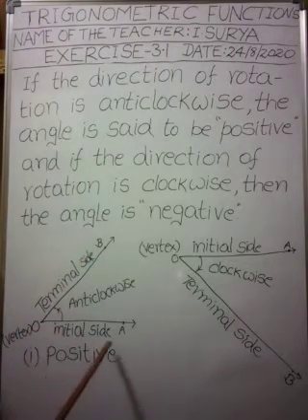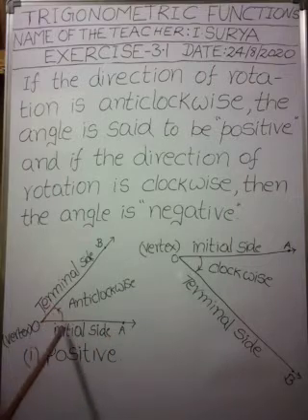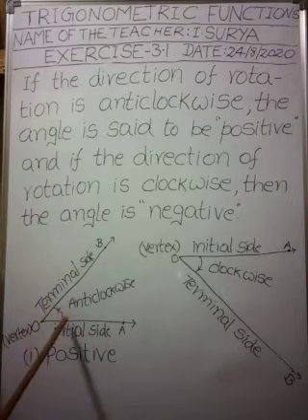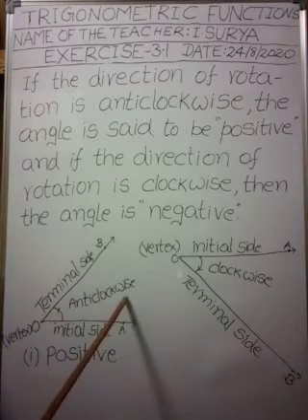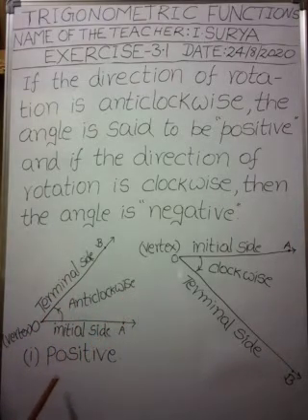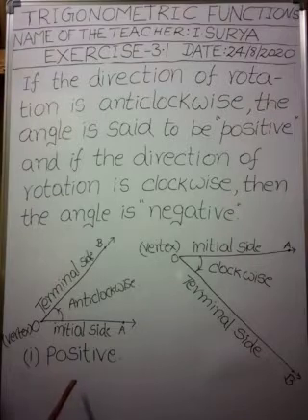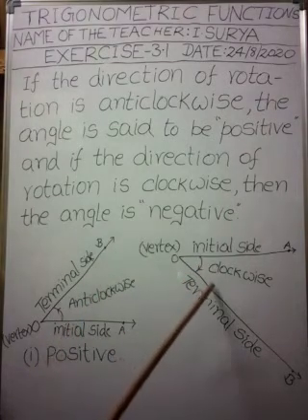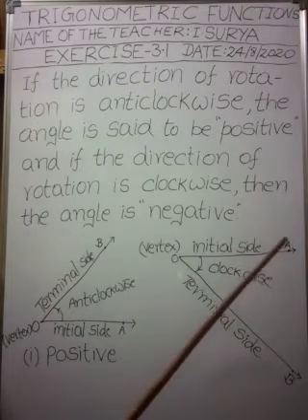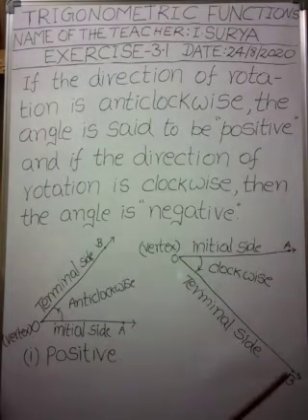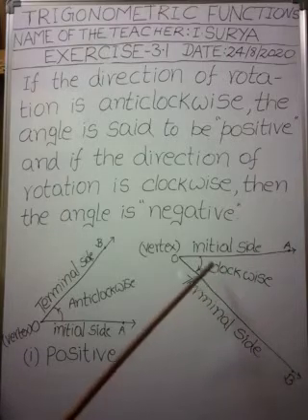This is the initial side. This is the amount of rotation as well as direction of rotation. See here, anti-clockwise direction. So here this angle is measured as positive. Come to this diagram. Here also initial side is OA and OB is the terminal side after the rotation.